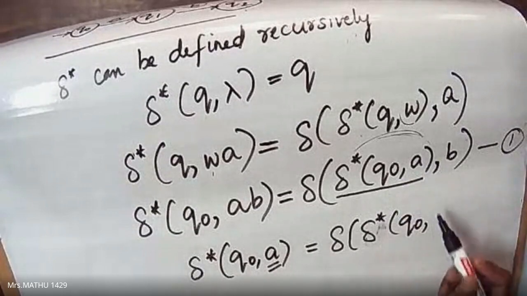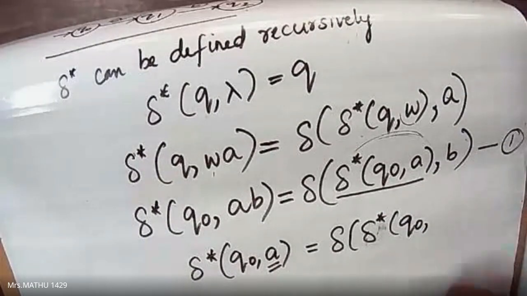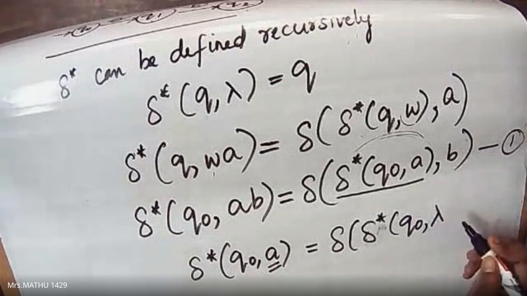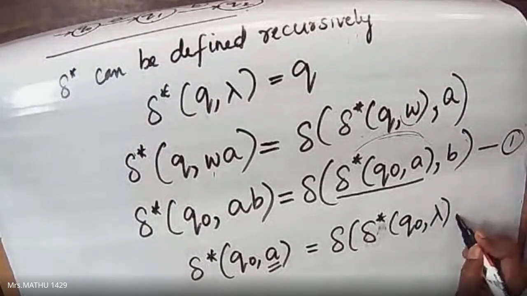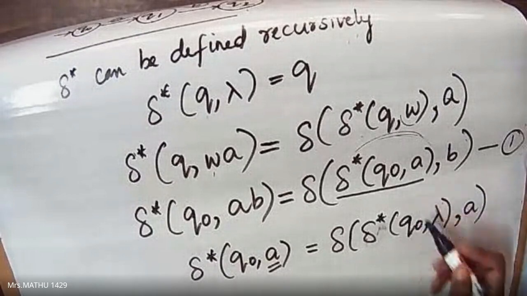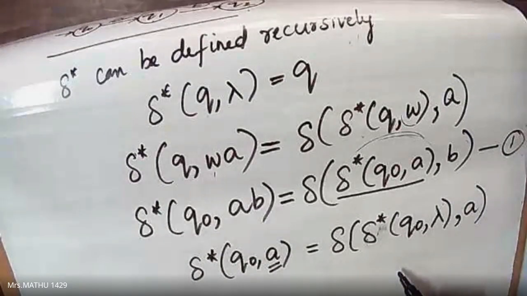Once you get the one input symbol, there is no more string to be read, so this A can be split as the empty string and then this input symbol.